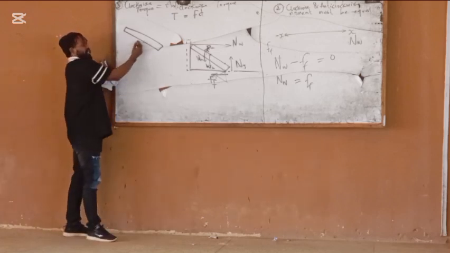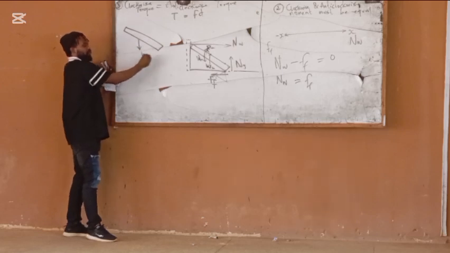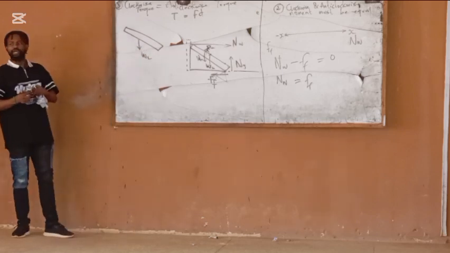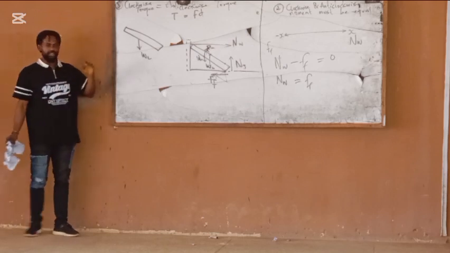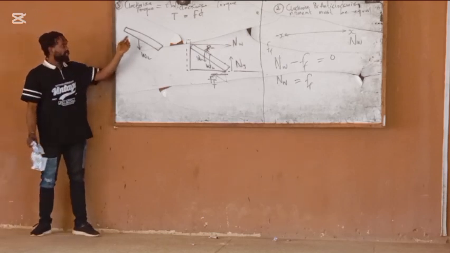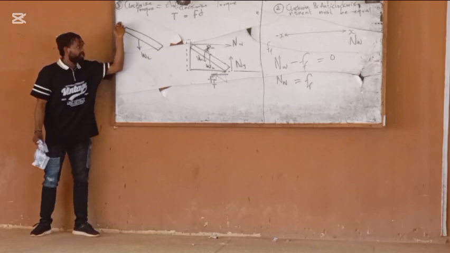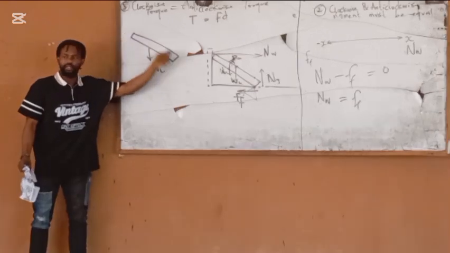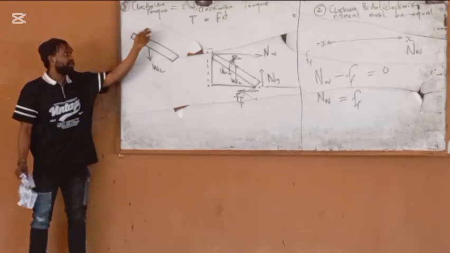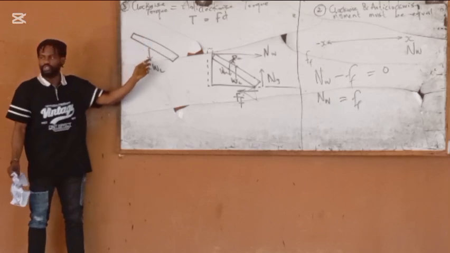Now let's check something. If I have a force this way for WL, for example, let's start with WL. Remember, this is our ladder. As this man is standing on this ladder, his weight is acting downwards this way.